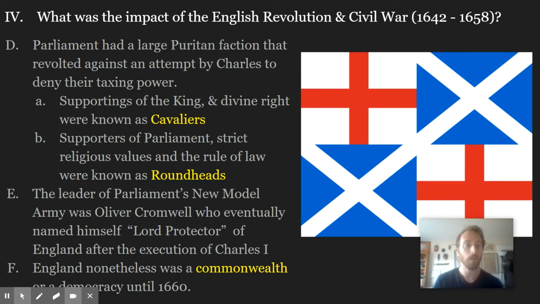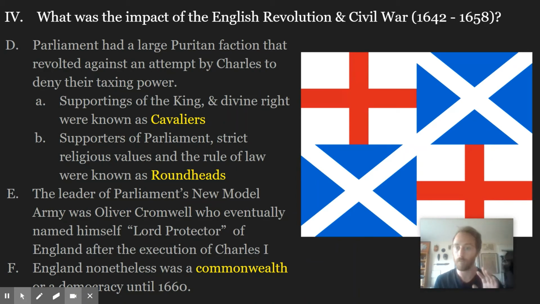Parliament gets this young noble, basically a minor nobody, named Oliver Cromwell as their military leader. He makes an army called the New Model Army that is new in the sense that they pay them. And they're very effective because everyone else is just drafted into the military and they serve for a certain amount of time and they go back to their farm or whatever.